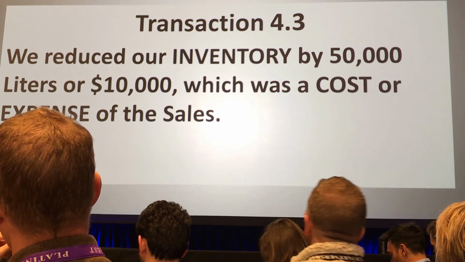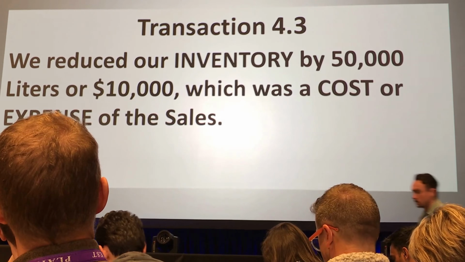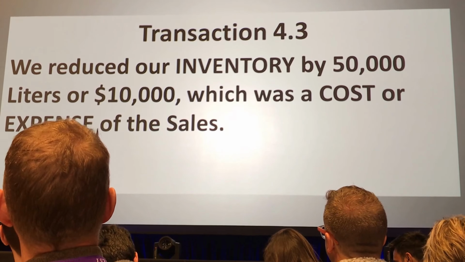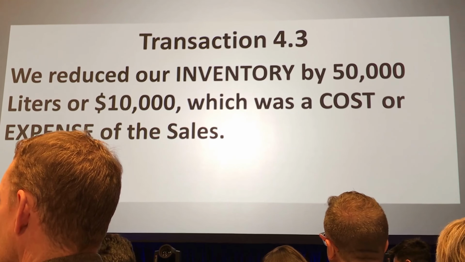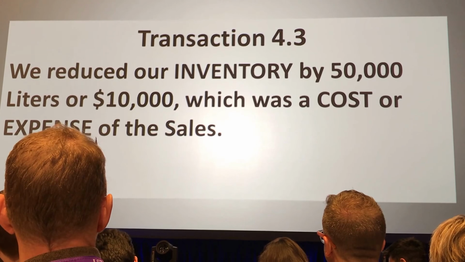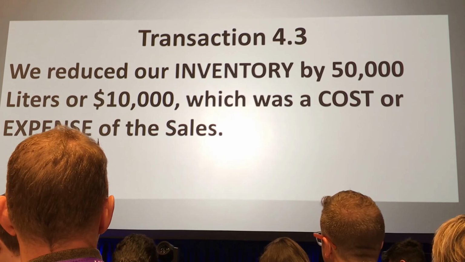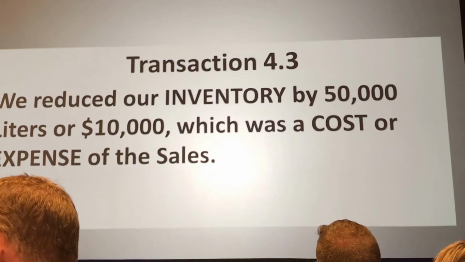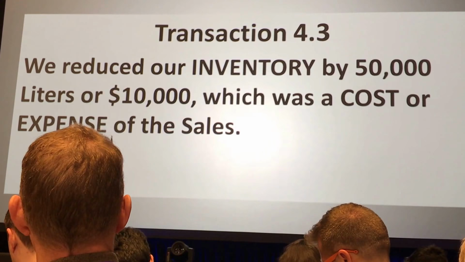When we sold $50,000 in revenue, $50,000 of lemonade, we used some of our inventory. We used to have $15,000 worth of inventory, but when we sold the lemonade, we consumed some of that inventory, and it turns out that in order to produce $50,000 of revenue, we used $10,000 of our inventory as a cost of goods sold.